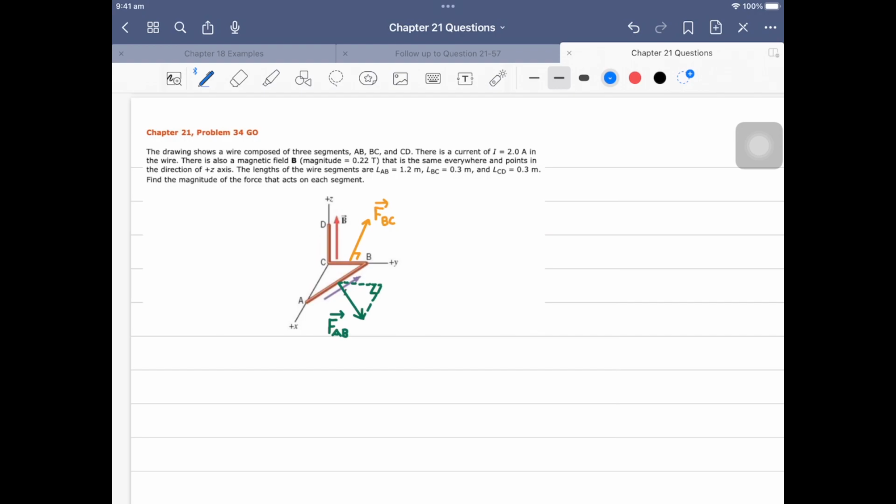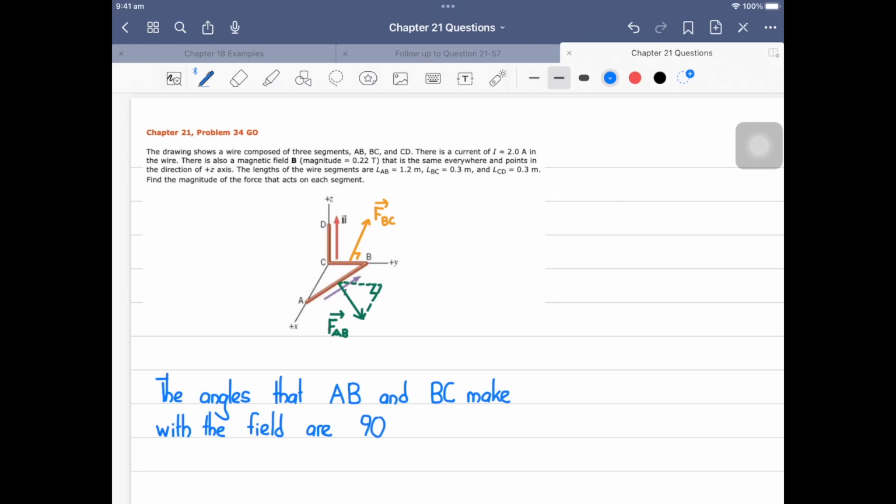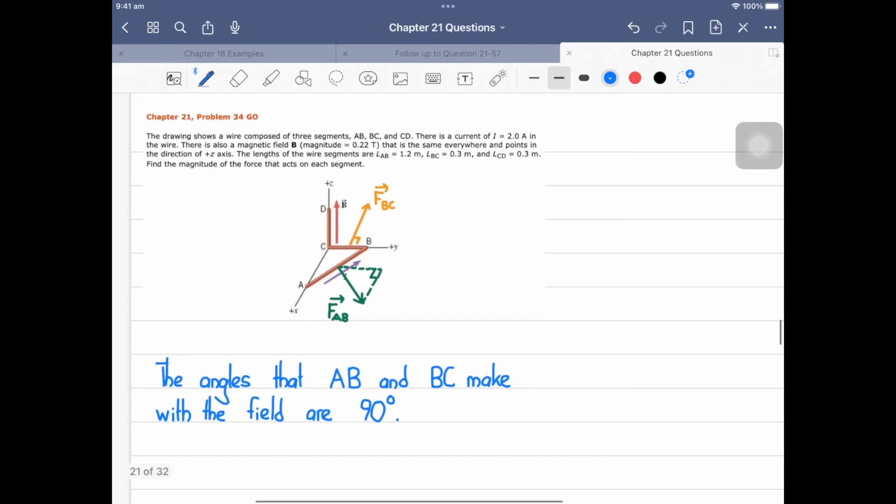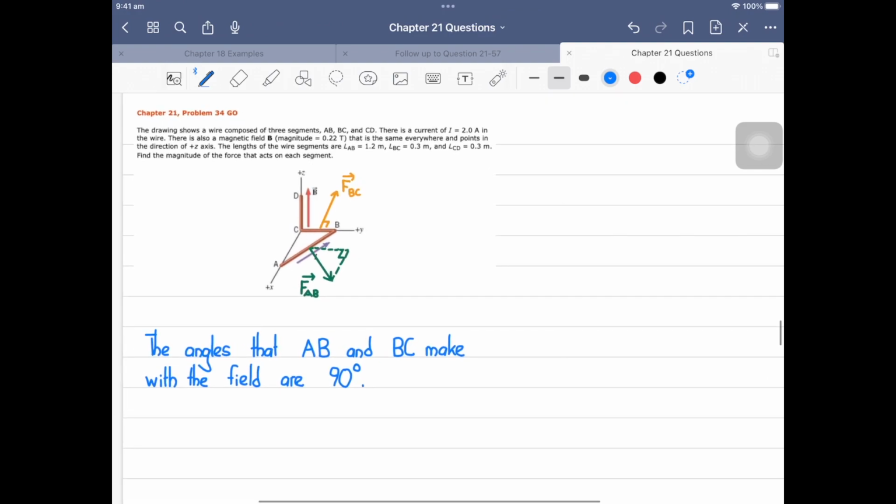So therefore the formula for the magnetic force becomes quite simple.